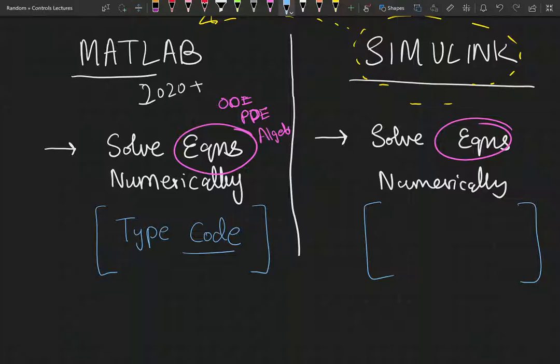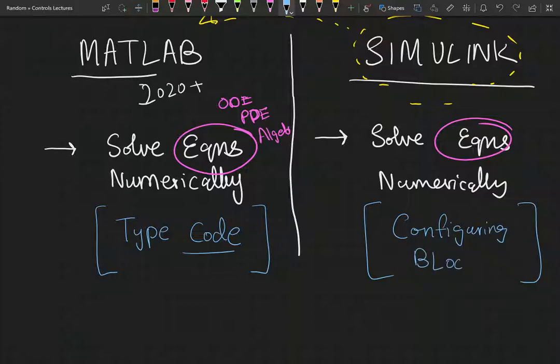Some of you absolutely hate writing code, and as a result, you absolutely hate MATLAB. There's no shame in that. Not everybody is going to be great at coding, even though everybody can learn. That's my philosophy. Anyway, in Simulink, we're going to be configuring blocks.